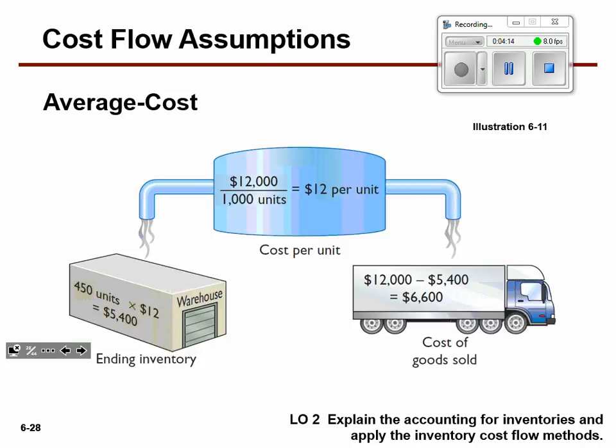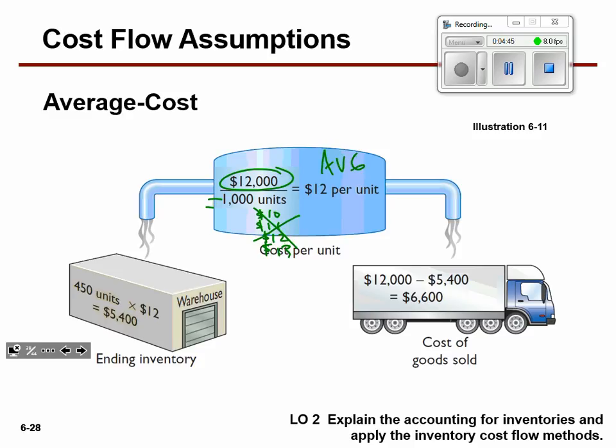I like the visual here, again going back to that tank concept. They're saying, we've spent 12 grand to get 1,000 units. Who cares that some of those units were 10 bucks, some were 11, some were 12, and some were 13? Let's just take what it costs to get these 1,000 units, and that's going to give us our average per unit.